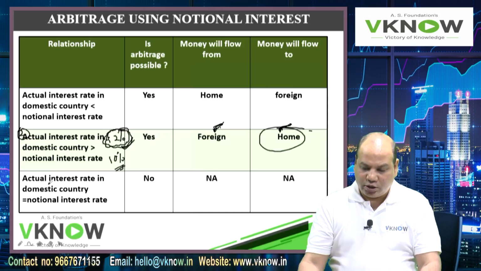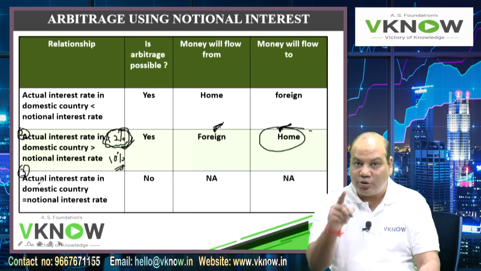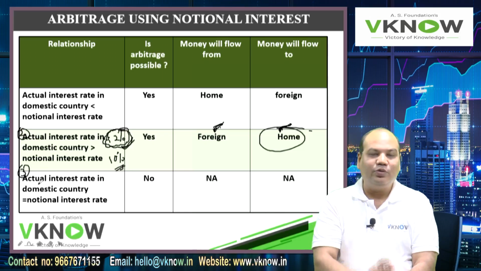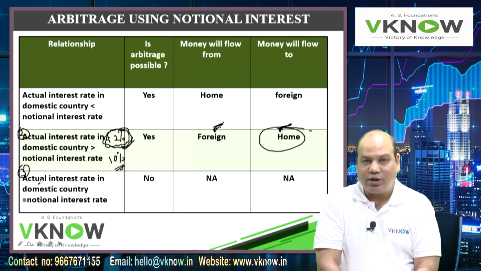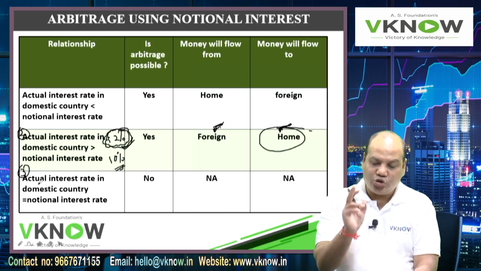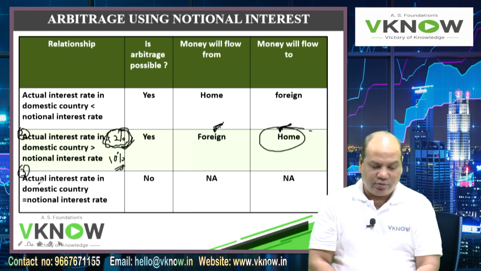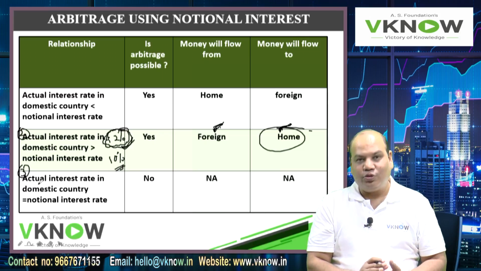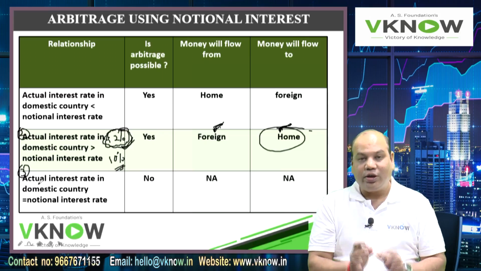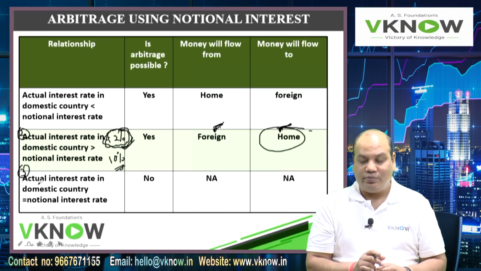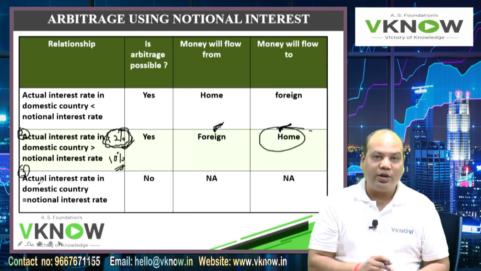Third situation, write down. In one question we will come across the third situation also. I am going to solve it soon, but I am not going to tell you now which problem that is, otherwise you will be able to answer that there is no arbitrage without solving. Actual interest rate in domestic country is equal to notional interest rate.